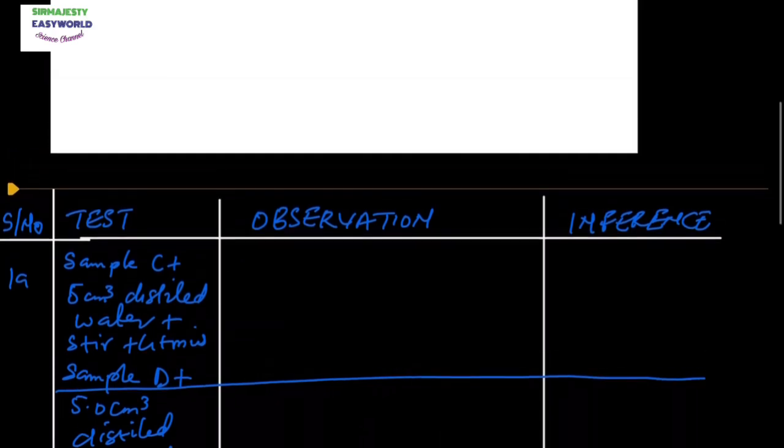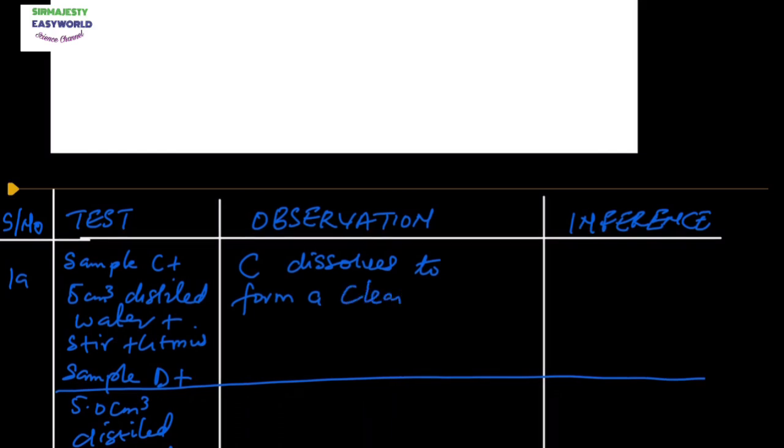So what should it be? C is lead nitrate, of course it will dissolve. So C, first of all, you say: C dissolves fully to form a clear solution, turned blue litmus paper red, because on hydrolysis the solution of lead nitrate will behave as an acid, since it's a salt of a weak base and strong acid.